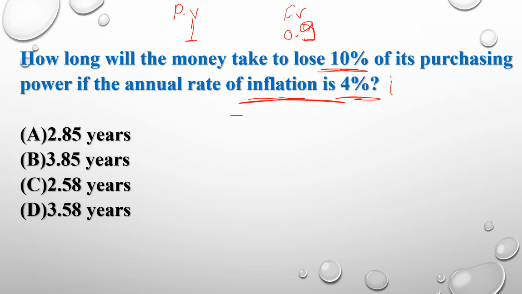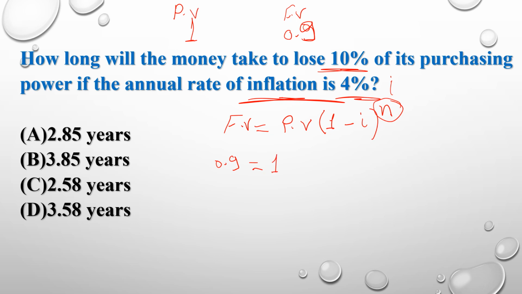So the future value equals the present value times (1 minus i), as it will lose its value, power n. So we need to find n.